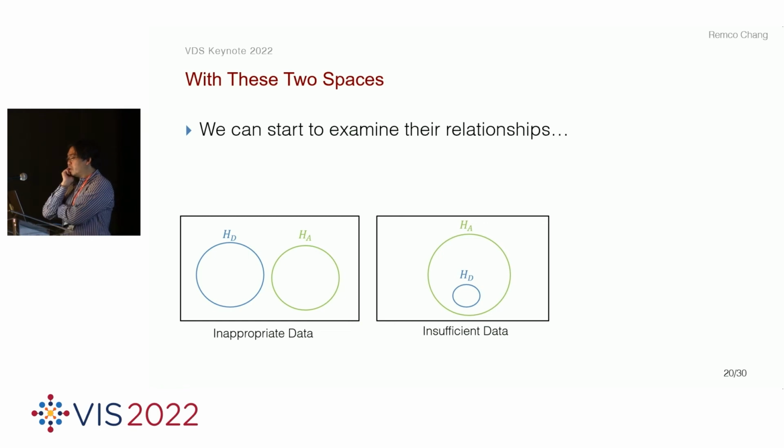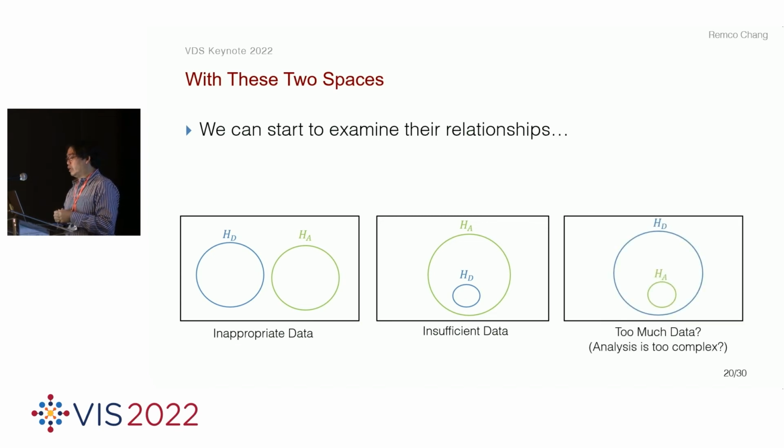I can also think about this as the analyst having a very large hypothesis space, but my data set, H of D, is significantly smaller. In this case, essentially the analyst doesn't have enough data to answer all of their questions. And we can think about the inverse situation, where I have a lot of data and my analysis question is much smaller.